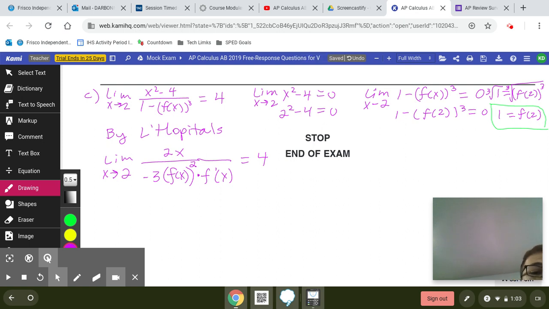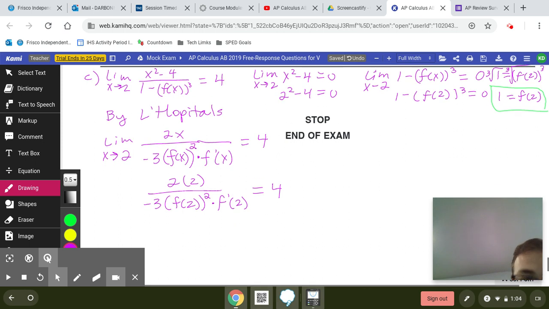Okay, so I can plug in 2, and then I can just start solving out for f prime. So we get 2 times 2 over negative 3 f of 2 squared times f prime of 2, and that's all equal to 4. So we get 4 over negative 3 times 1 squared times f prime of 2 is equal to 4.